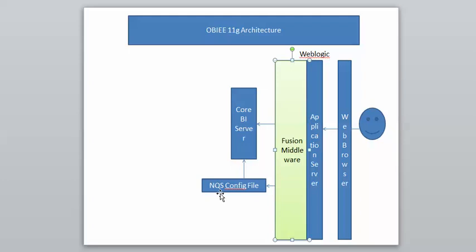When you open the NQS config file manually and write something, there is nothing which could verify whether what you have written is correct syntax or not. But using Fusion middleware, it will restrict you to put the correct syntax, so the chance of creating an error in the NQS config file is less.